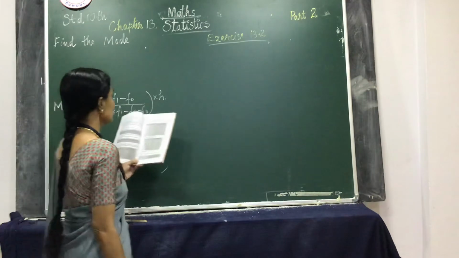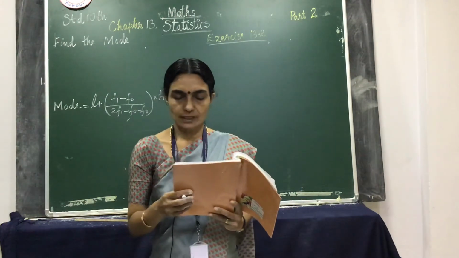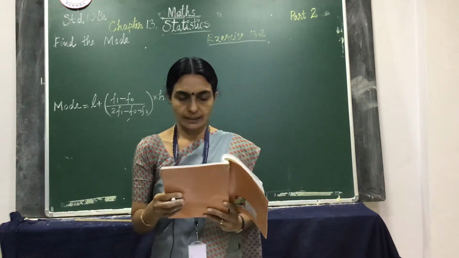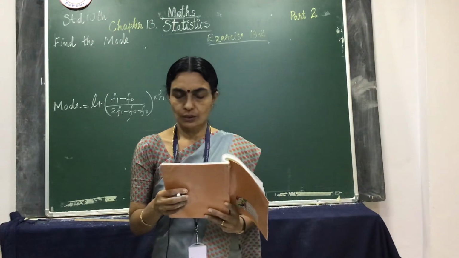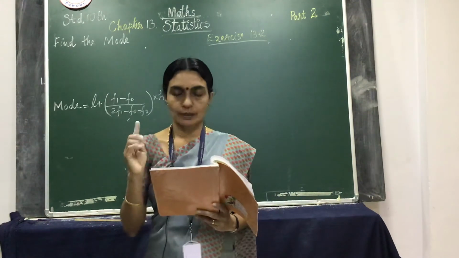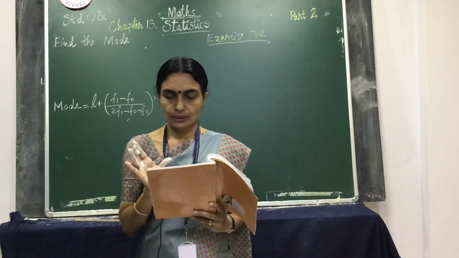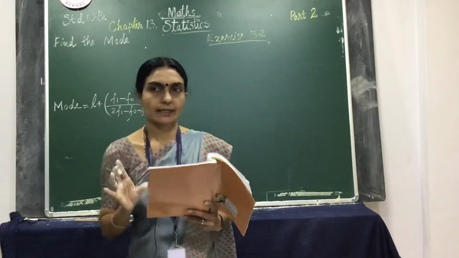The next question is, the following distribution gives the state-wise teacher-student ratio in higher secondary schools of India, and find the mode of the data, that is the number of students per teacher. The following distribution gives the teacher-student ratio in higher secondary.